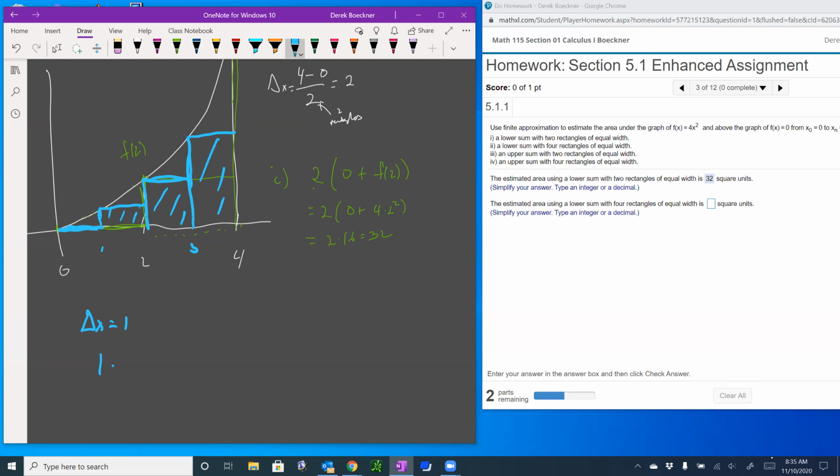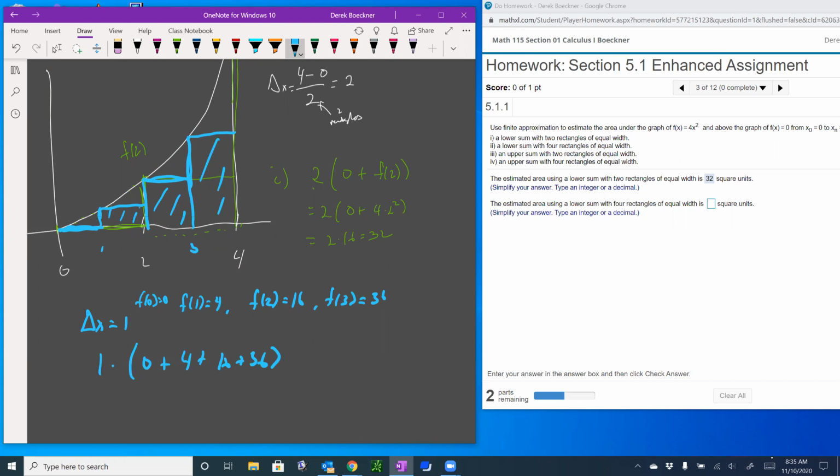I'm going to have 1 times my lower estimate, which is 0 plus 4x squared at 1 is 4. At 3 it's 9 times 4 is 36. So I'm going to have f of 0, 0, plus 4 plus 16 plus 36.